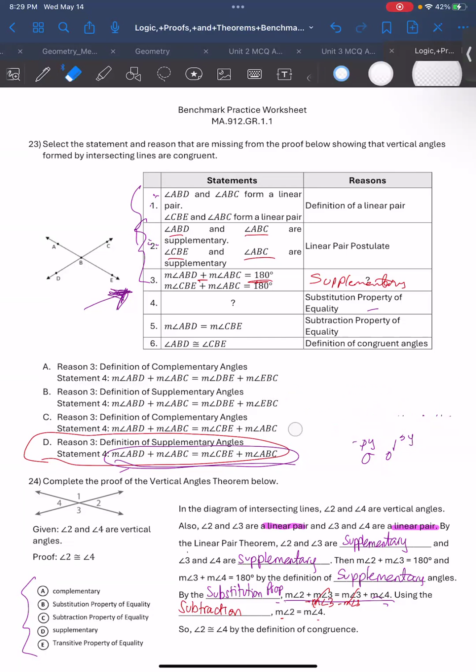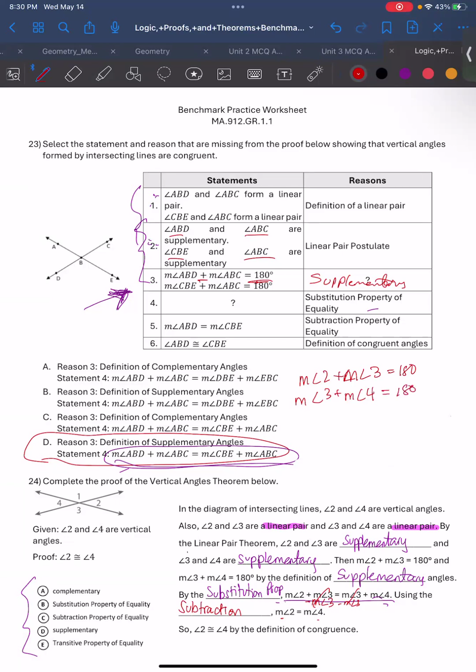The difference here is that the question says that I have the measure of angle 2 plus the measure of angle 3 equals 180. And I have the measure of angle 3 plus the measure of angle 4 equals 180.